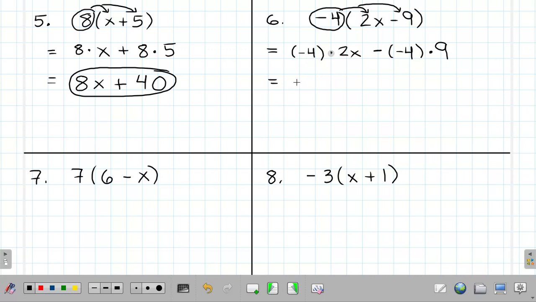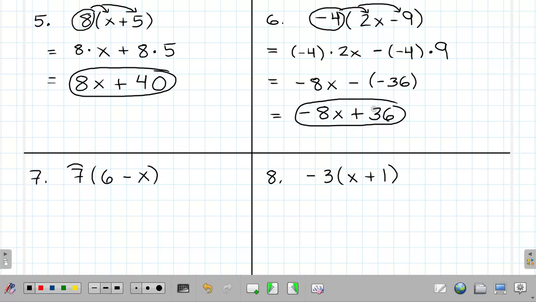Negative times a positive is negative. 4 times 2 is 8, so negative 8x, minus negative 4 times positive 9. We're going to have a negative 4 times 9, 36. And then once again, that same kind of issue here. We got minus a negative, so we're going to have to take negative 8x and write it as plus 36. And that's actually the final answer.